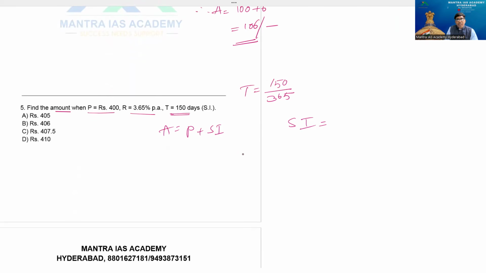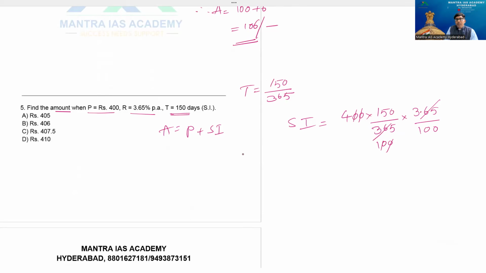SI value: principal is 400, time is 150 by 365, rate is 3.65, of course by 100. In any method you follow, 3.65 and 100 cancel, or you can say the point and 2 zeros cancel. Double zero cancels here, 100 out.